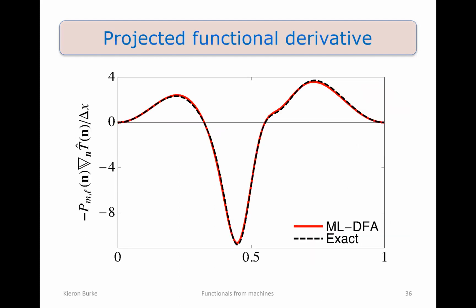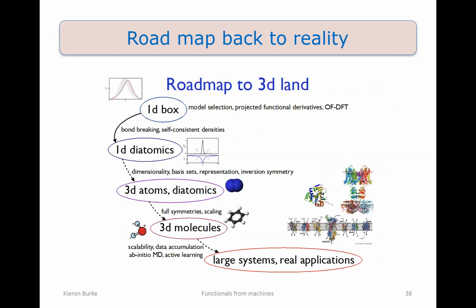So this is this projected derivative, and there's a red line and a black line, and they're almost on top of each other. So when you do this projected derivative, and then we had to figure out how to optimize it, how to go downhill with this projected derivative, but then we could get very accurate results.